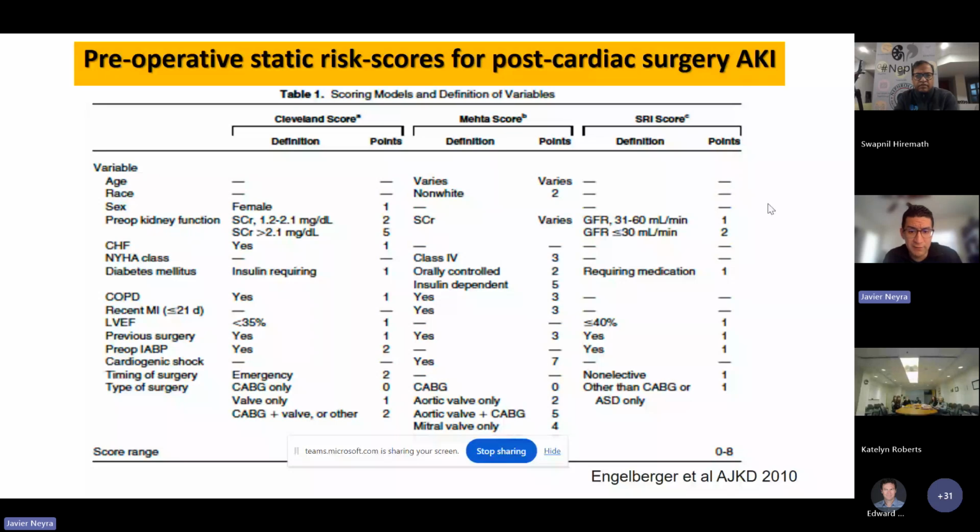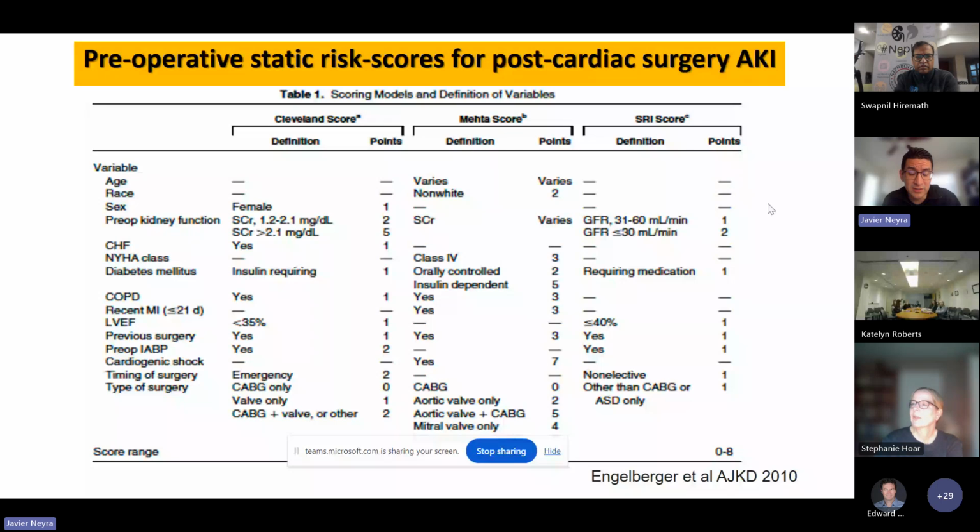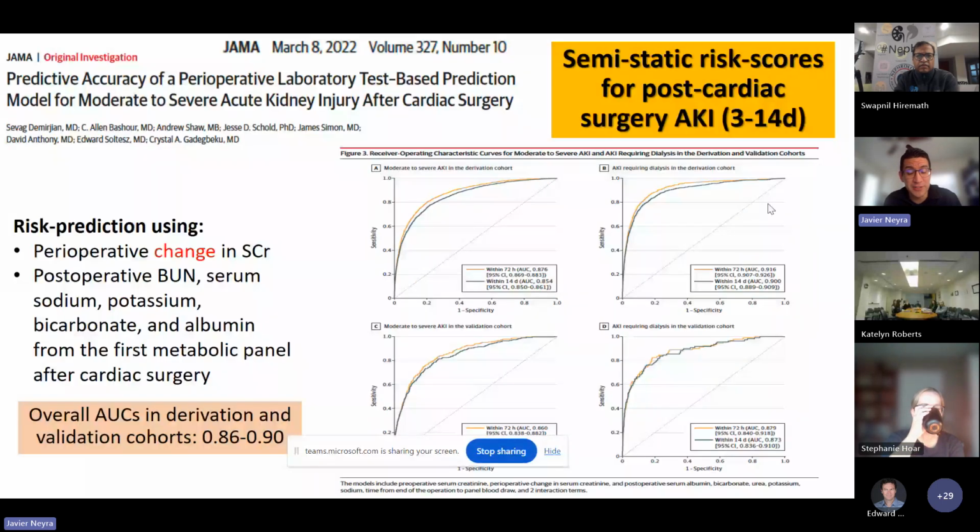Of course, this was more helpful for patients undergoing elective surgeries, but they have a certain ability to classify risk. Now, the performance of those scores dropped when they were validated externally, because they were developed in very unique populations.